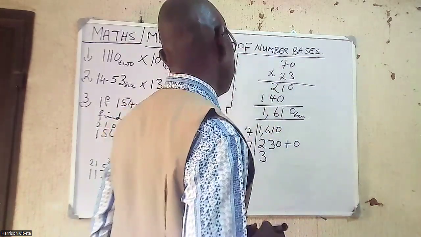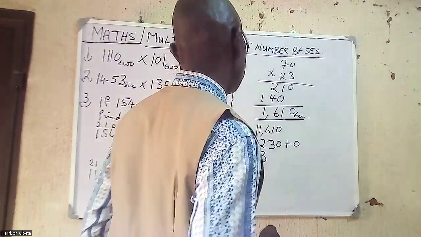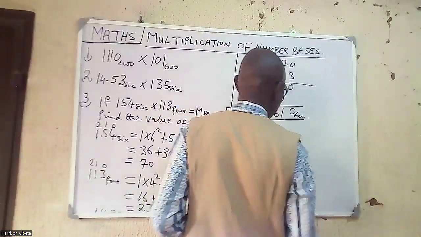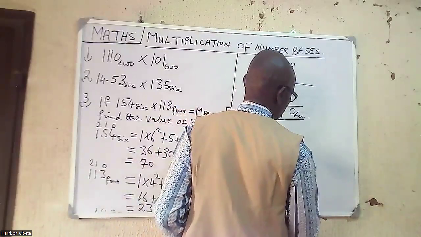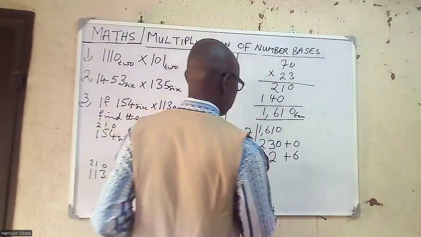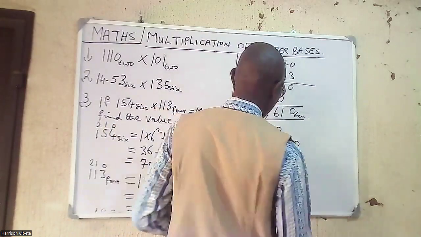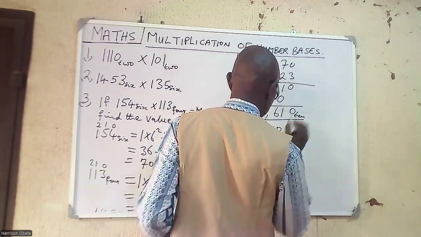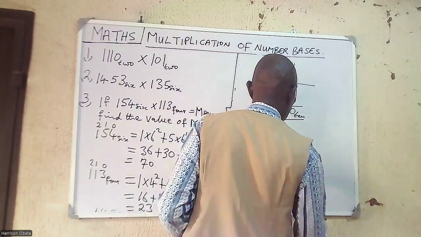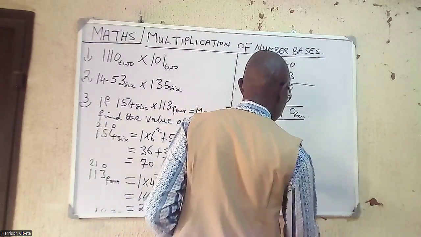In 20, we have 2, remaining 6. Okay. Then in 62, we have 4. That's 28, 4 remaining 4. In 4, we have 0 remaining 4.